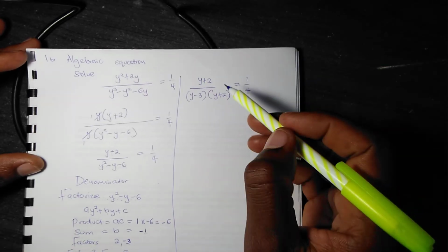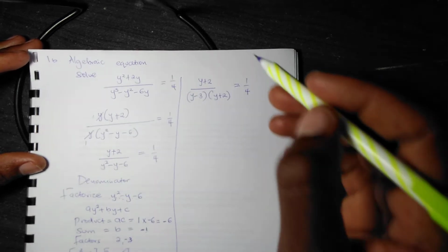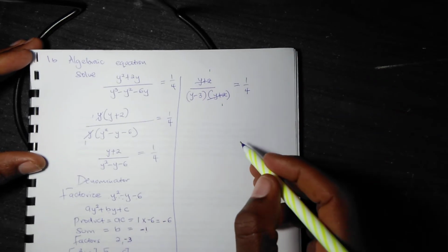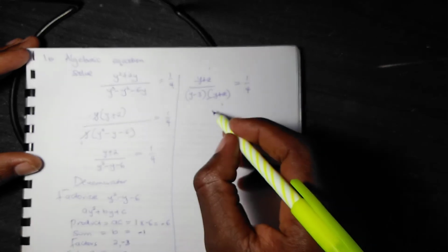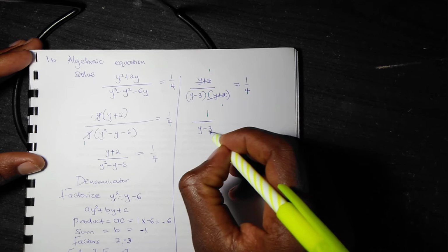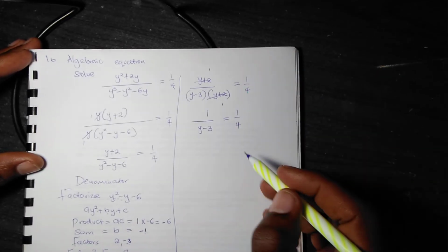You can easily notice that there are common factors of y plus 2 on the top and bottom. So we divide y plus 2 by itself, one by itself, and we end up having 1 on top and y minus 3 below, and this is equivalent to a quarter.